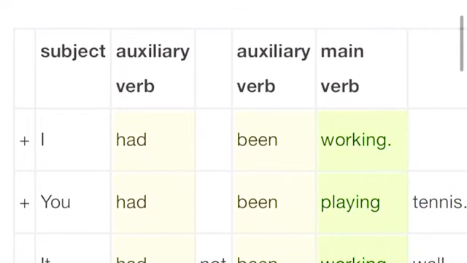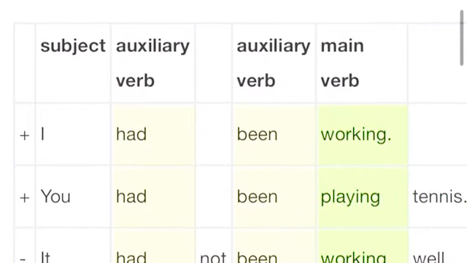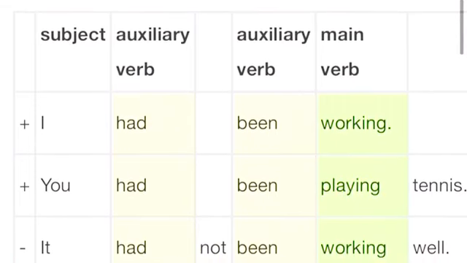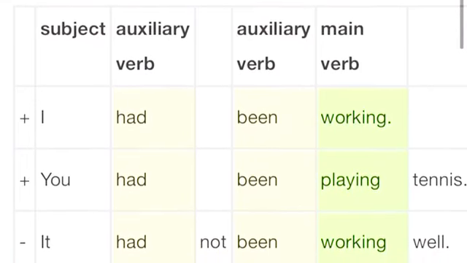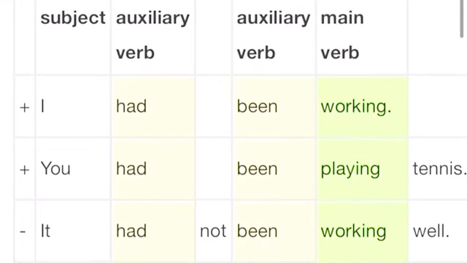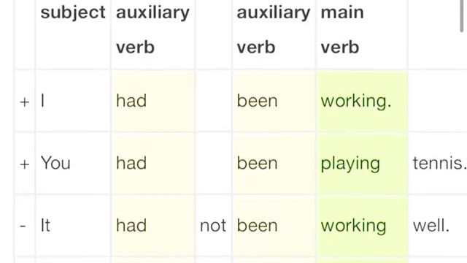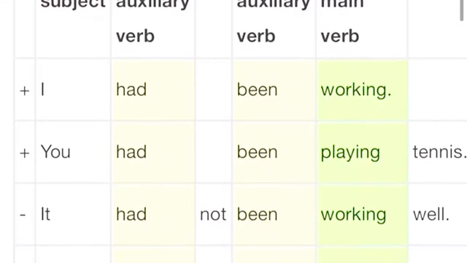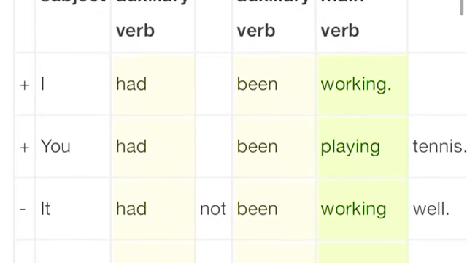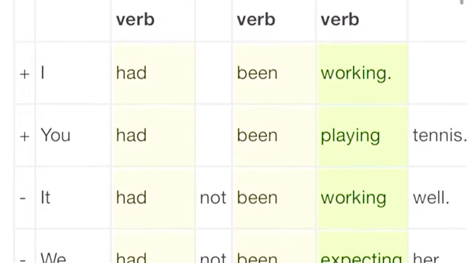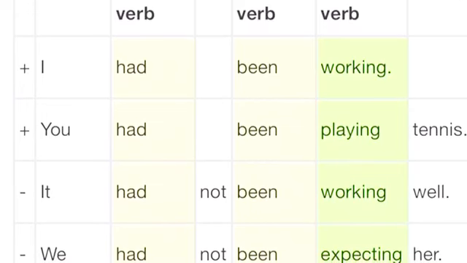So these are your examples for the past perfect continuous tense, where the first case in the positive states, I had been working. Correct? So your subject I, auxiliary verb had, the second auxiliary verb be is conjugated as been, and then you have the present participle form of work, that is working.